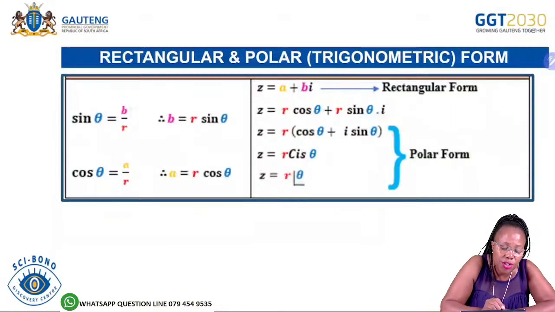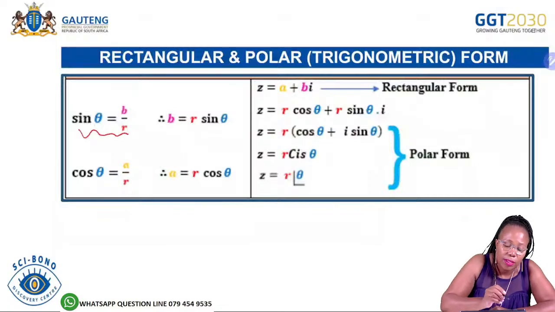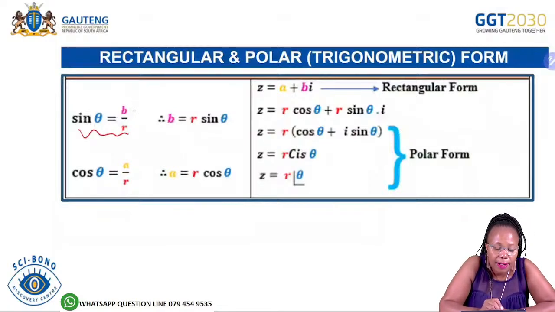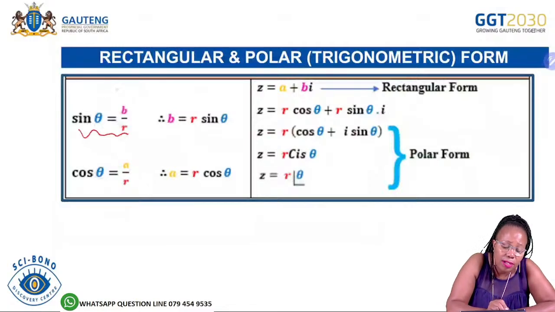Remember your trig ratios: sine theta is opposite over hypotenuse, y over r. Our y in this case is b.